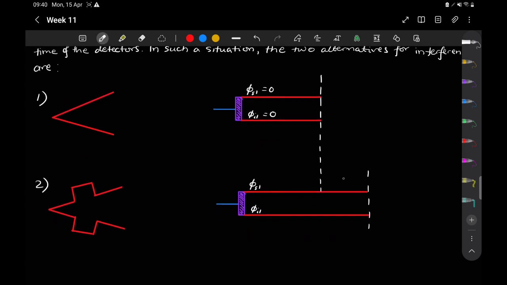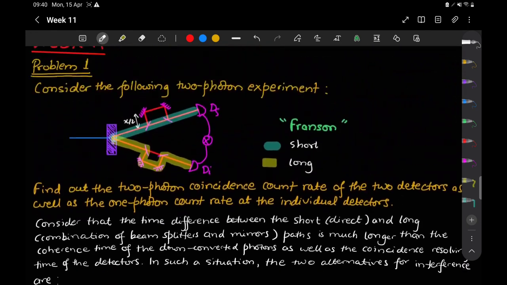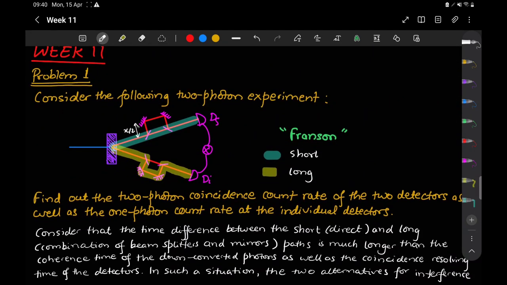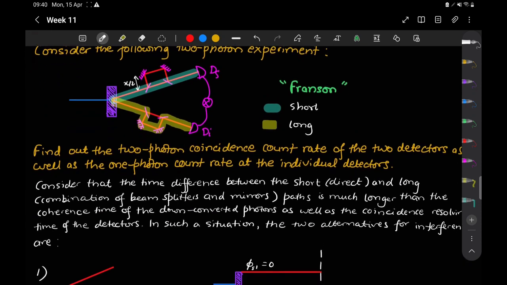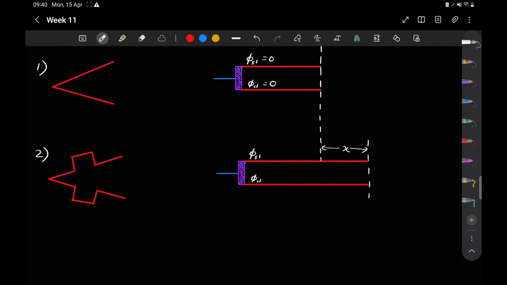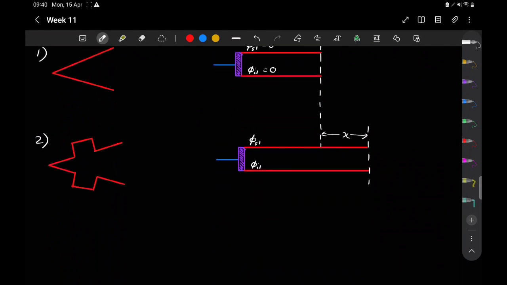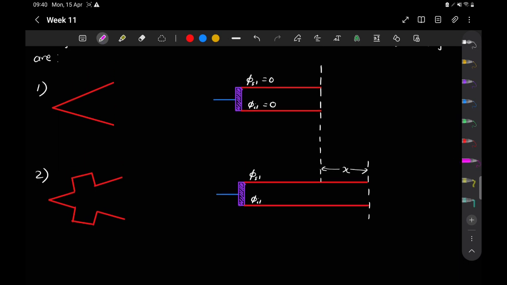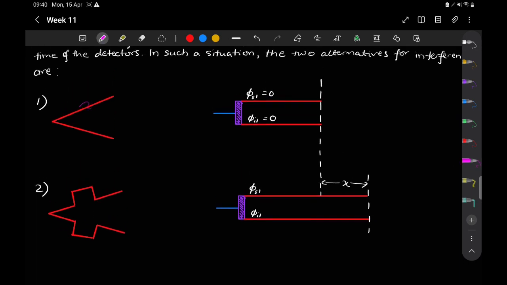And this extra distance is x. Why is it x? Because this is x by 2, so x by 2 while going here and then x by 2 while coming back. That makes it a total of x. Okay, so I forgot to draw the beam splitters. So there's a beam splitter, but it's all transmission.